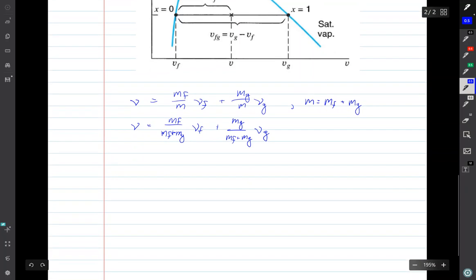What we find there is that this is the specific volume of water. This is specifically of liquid, saturated liquid. This is the specific volume of our saturated vapor. And these two, what I'll put in parentheses here, those are simply just weighting factors. So this is just a weighted average.